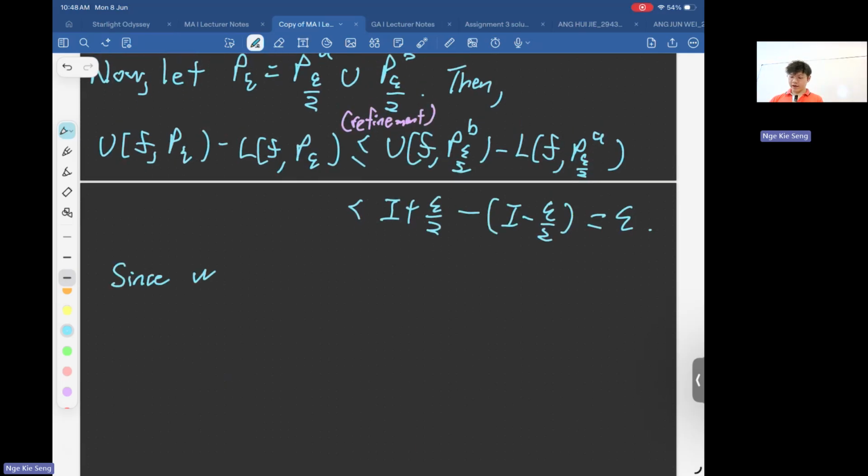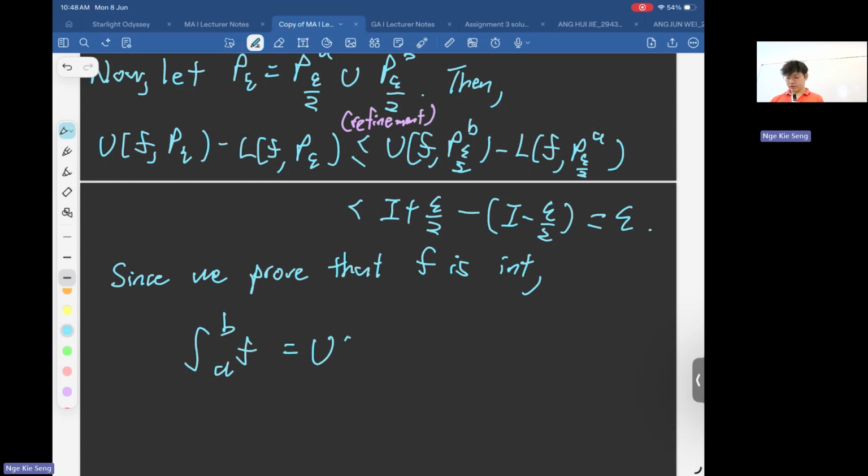Since we proved that f is integrable, this means this integral exists, and it is equal to UF equals LF. But then we need to show that this number we can get from the limit. How do we show that?